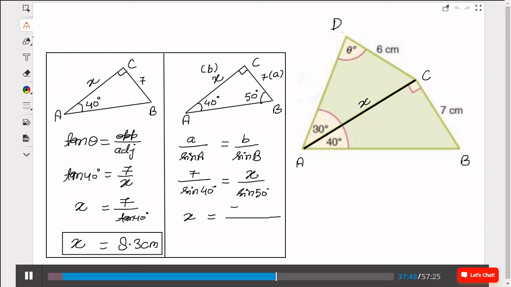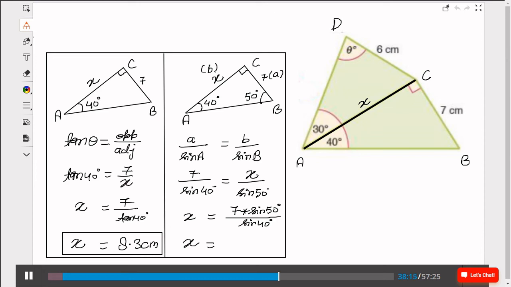You can also check at your end if you want. 8.34, yeah, the same thing we get here also. 8.3 centimeter. Means both the rules are applicable. The sine rule is applicable on right triangles as well as on non-right triangles.